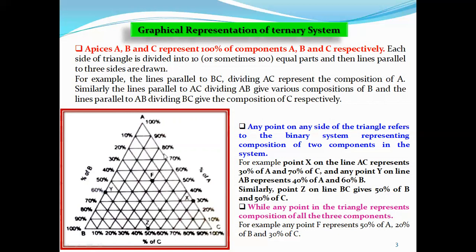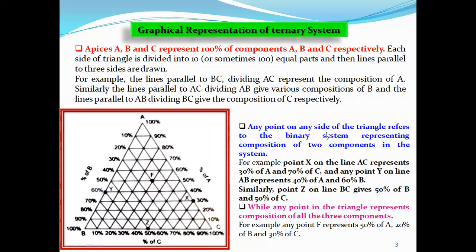All these parallel lines will divide each side at particular points. If we take a parallel line to AC at this 10%, it will divide the side AB at this point, which is indicated by 10%.